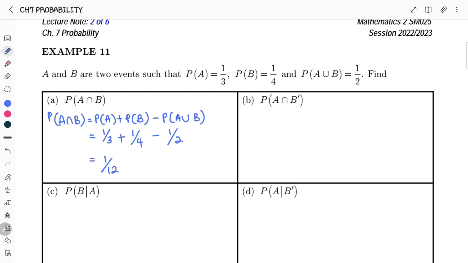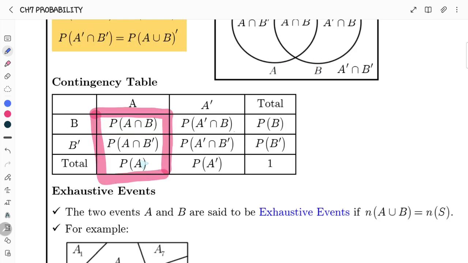Next, for this one, I get the formula from page 8. You have P(A intersect B) plus P(A intersect B complement) is equal to P(A). So rearrange this, you can get P(A intersect B complement) is equal to P(A) minus P(A intersect B).